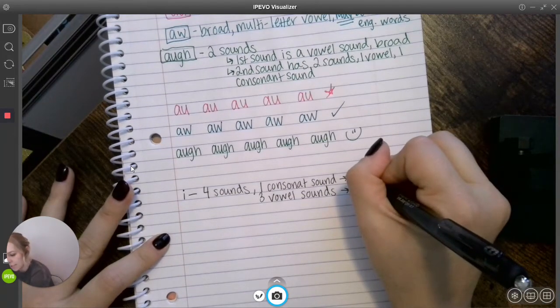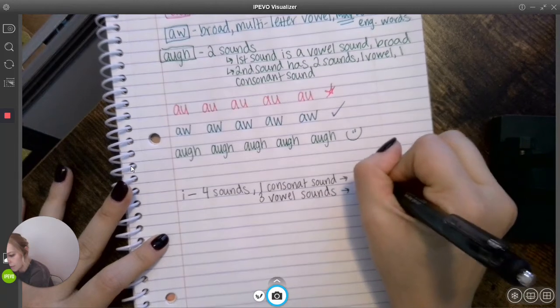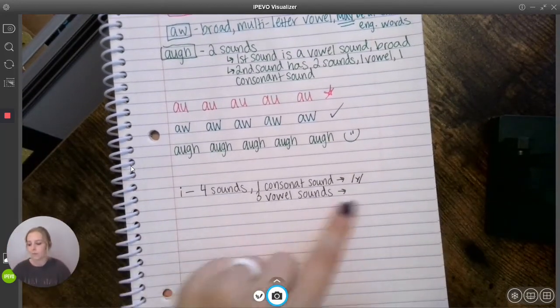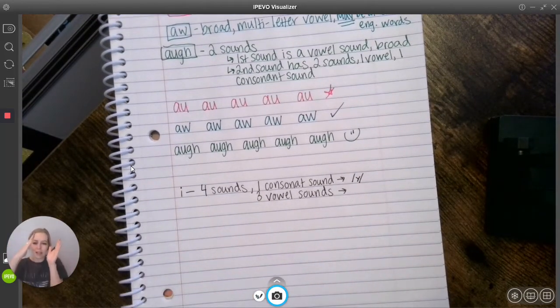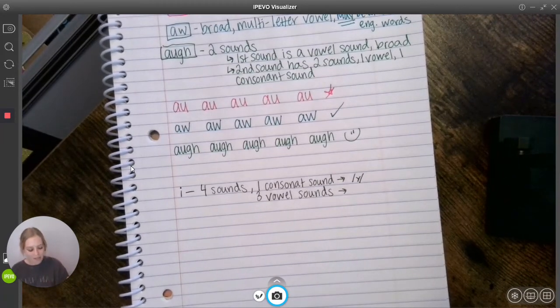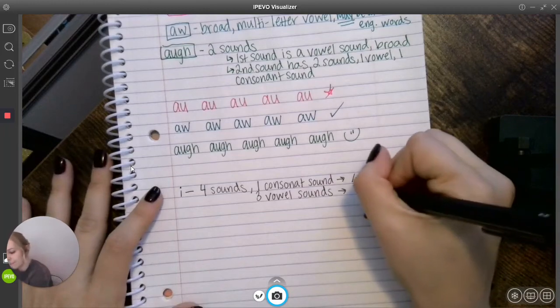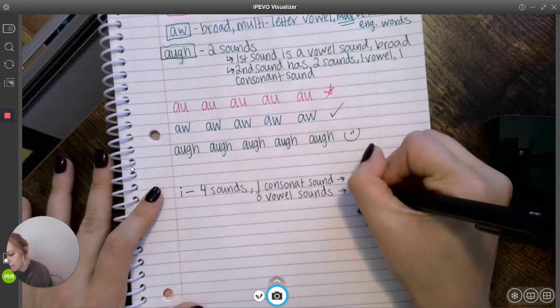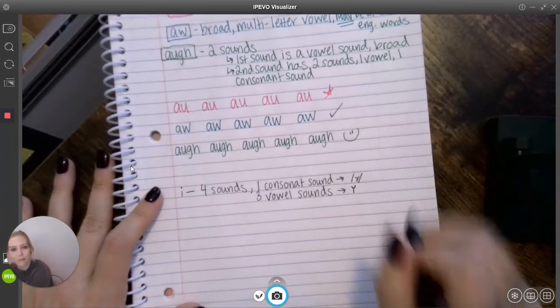So the consonant sound was Y. Remember, that's how we write it, with those little slash marks for the sound, Y. And the three vowel sounds. The first one is short with the breve.